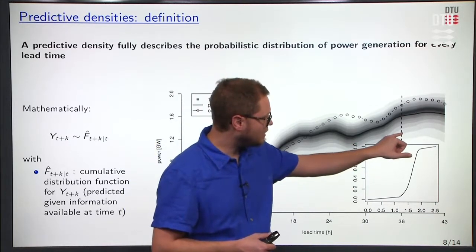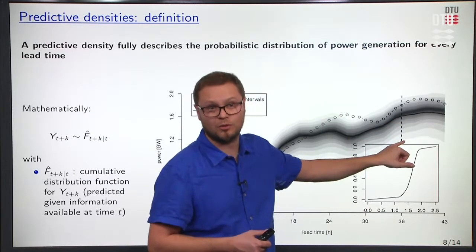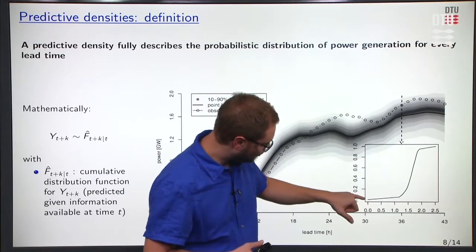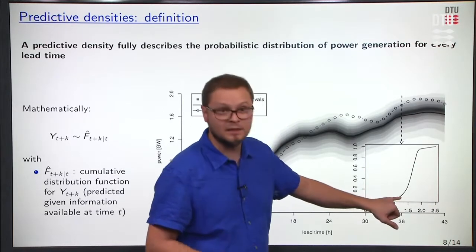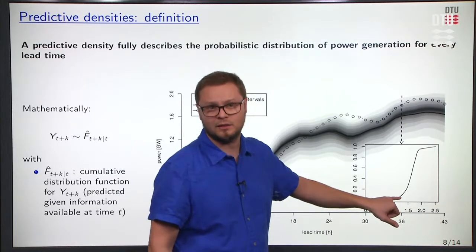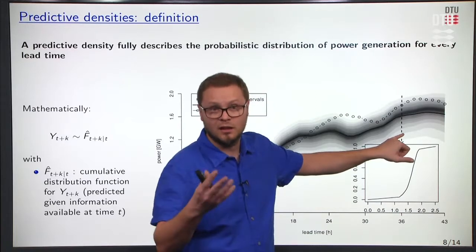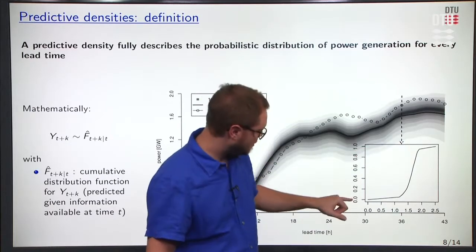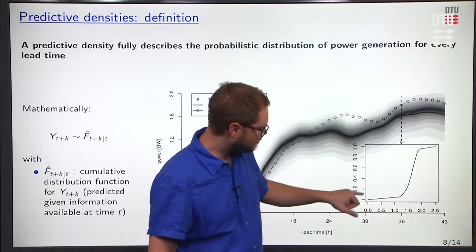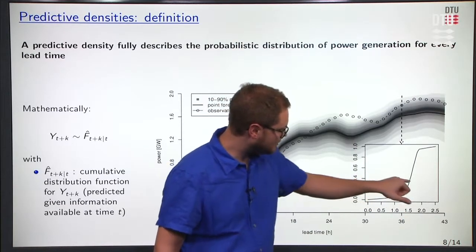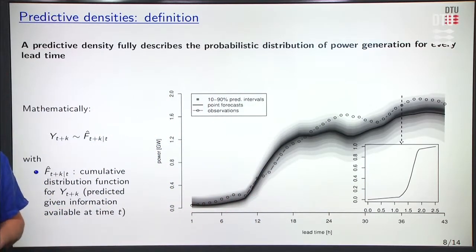By looking at the value of the different quantiles, the first one is at nominal level 0.05. So for the nominal level of 0.05, I have this power value, and this defines one point of the cumulative distribution function. Then I look at the next quantile with nominal level 0.1. So at 0.1 here, I have the next power value, etc. 0.2, this value, 0.4, this value. So we can reconstruct the cumulative distribution function.